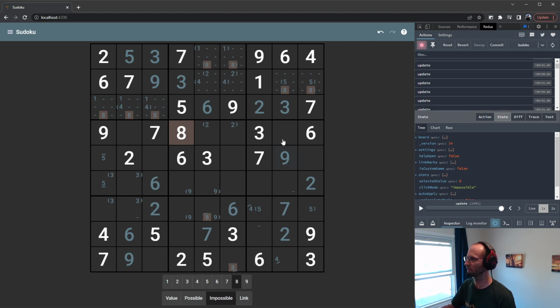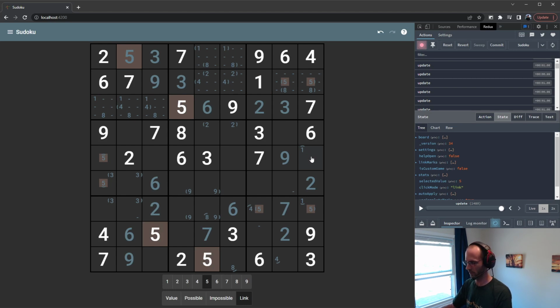Okay, is there anywhere else where we have... What about here? There's only 3 cells open in this column. And I feel like this could be maybe useful for drawing some conclusions. So we're looking for 1, 5, 8. 1 can only be in those 2, so we've got a strong link on 1s there. 5 could be here. 5 could be here.